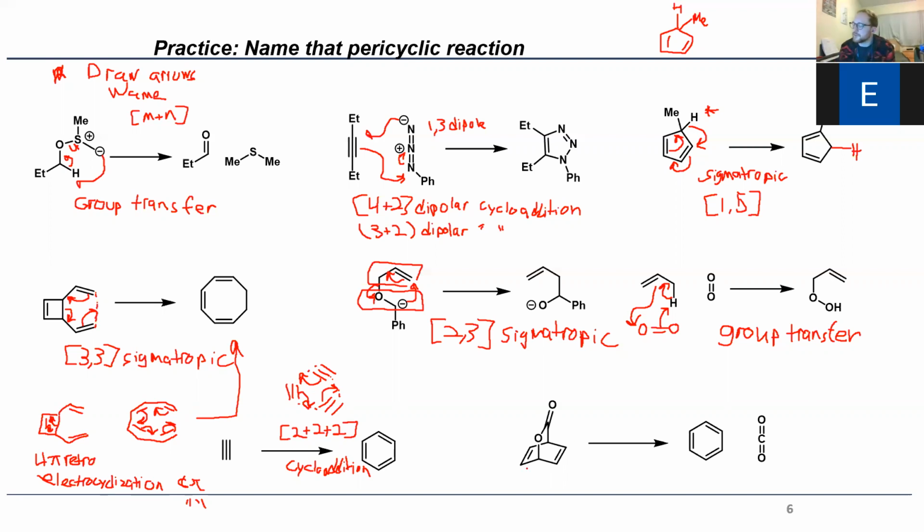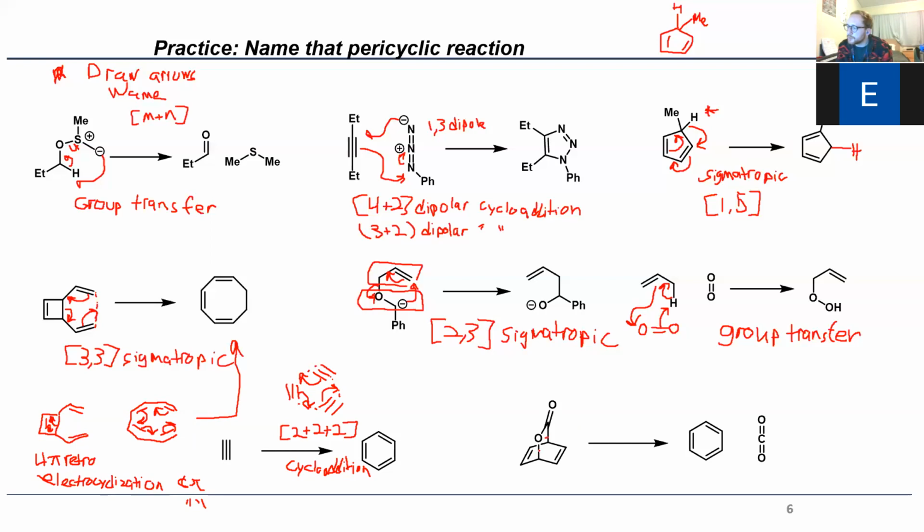Okay, what about for this last one? This is a type of decarboxylation, but let's name it based on the nomenclature we've talked about here. It's a retrocycloaddition. And so we can push the arrows as follows.